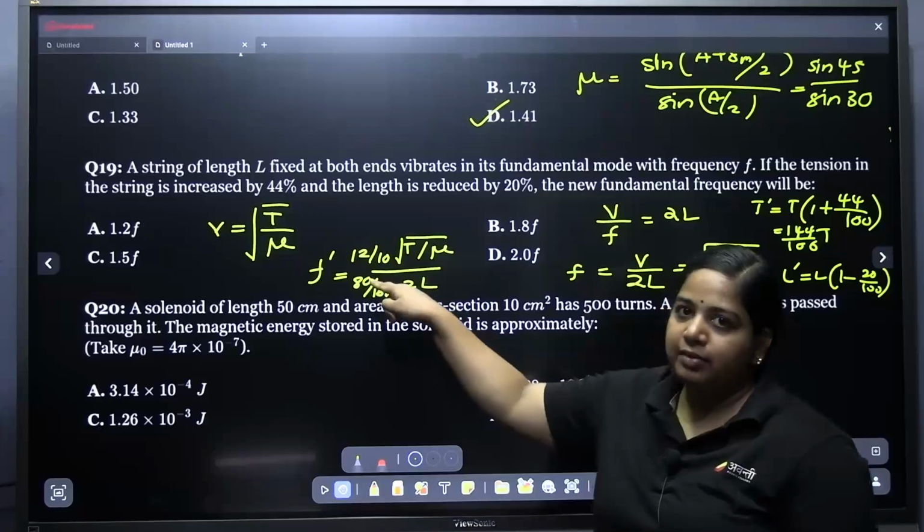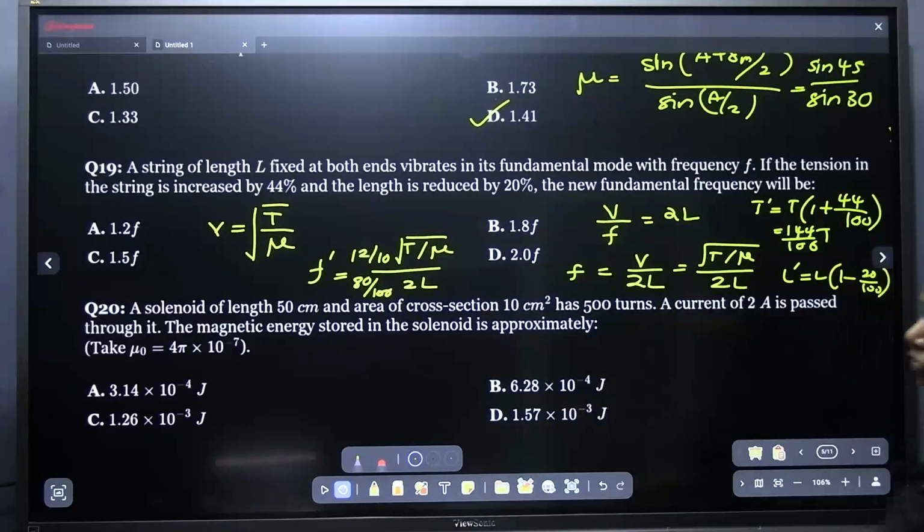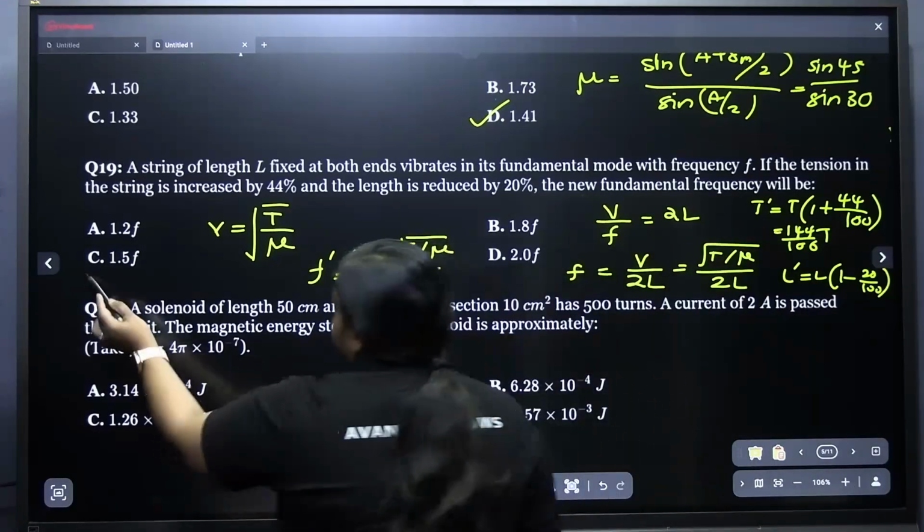Just calculate this value and you will get the new frequency. Then you will get the answer as 1.5 f.